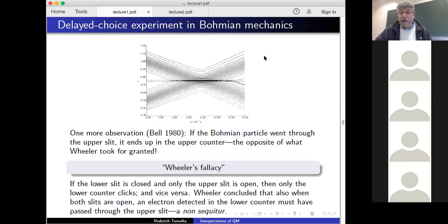Sorry, I have a quick question. About these trajectories. Do they never cross paths, or is it only in this example? The answer is that in configuration space, they never cross. The reason is that the equation of motion is a first order equation.